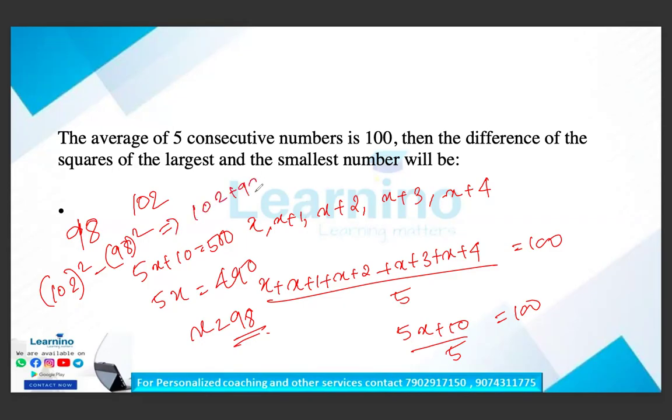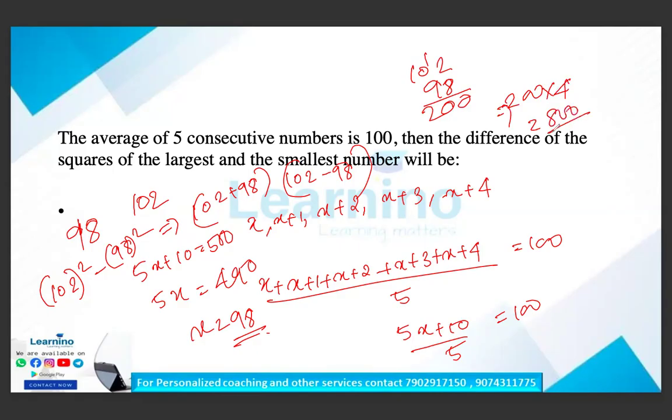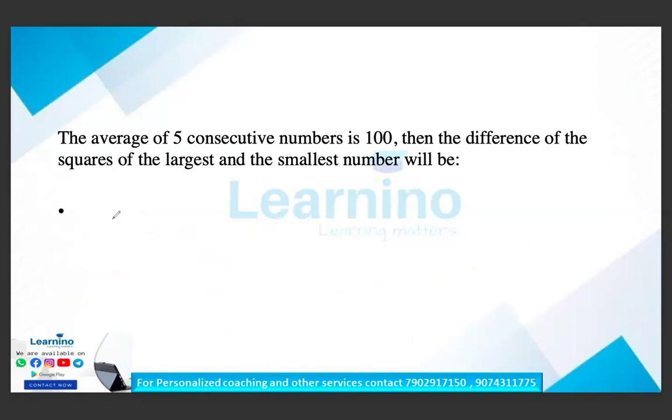A plus B into A minus B will be A square minus B square. So 102 plus 98 is 200, into 4. Answer will be 800. So the answer of this question will be 800.